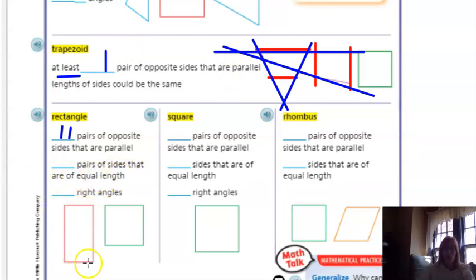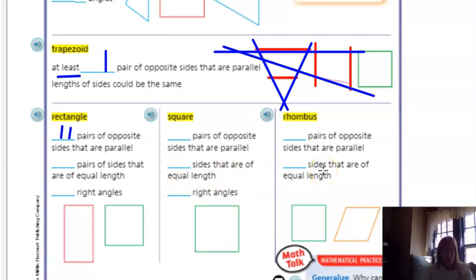There's one side that's equal length, there's 2 sides that are equal length. And then it does have 4 right angles, which you can see. Go to a square. It has 2 pairs of opposite sides that are parallel, 1, 2, and then 2 pairs that are equal length. Absolutely, all 4 are equal length. And then it has 4 right angles.